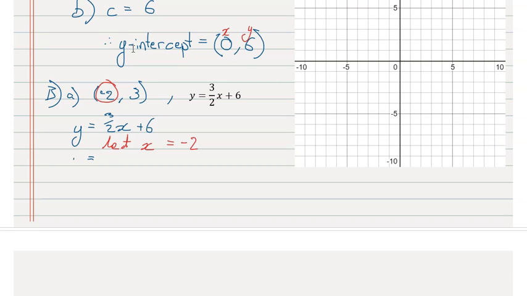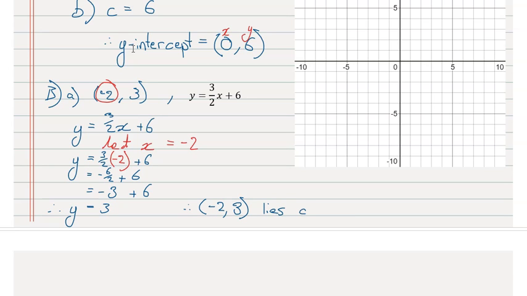So y equals, substituting the negative 2 in for the x, 3 over 2 times negative 2 plus the 6. 3 times negative 2 is negative 6 divided by 2 plus 6. 6 divided by 2 is 3, so it becomes negative 3 plus 6. Negative 3 plus 6 is 3. Thus y equals 3.